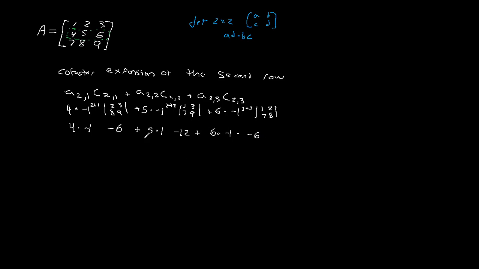Okay, so now let's go ahead and do the multiplication. 4 times -1 is -4, times -6 is +24. 5 times 1 is 5, times -12 is -60.